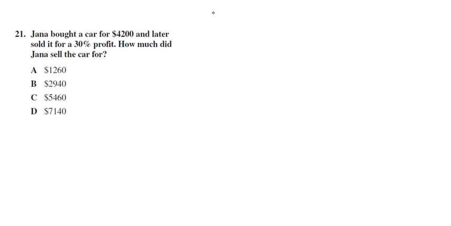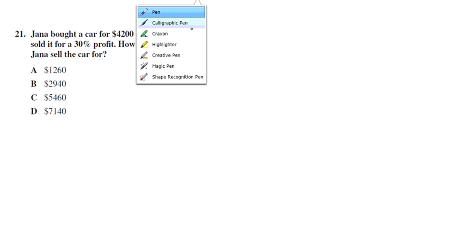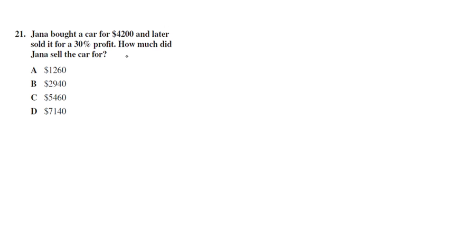Let's take a look at question number 21. It says, Dana bought a car for $4,200 and later sold it for a profit of 30%. How much did Dana sell the car for? What we know is that the original price is $4,200.